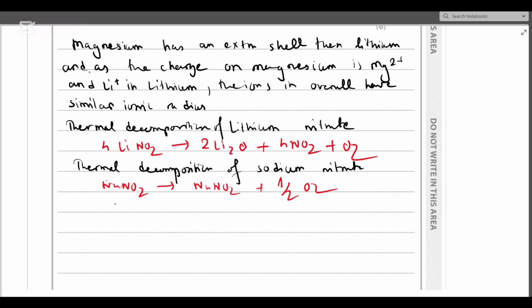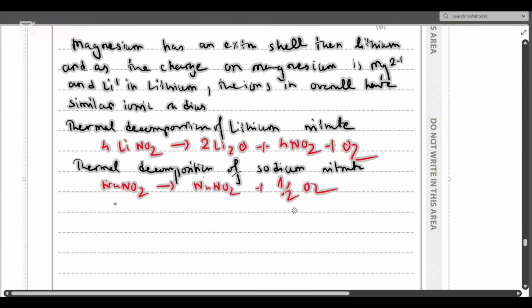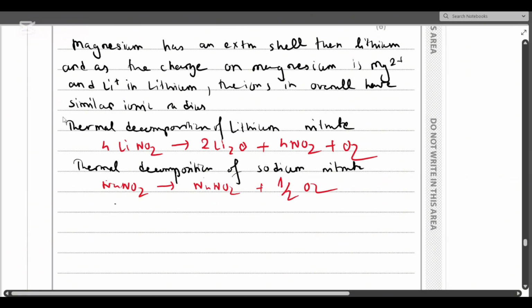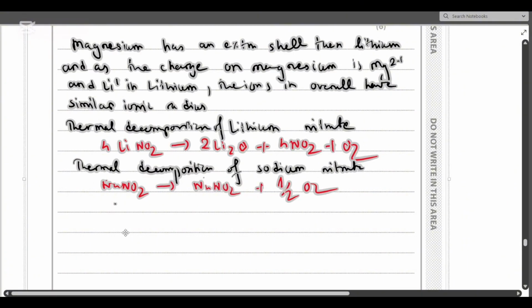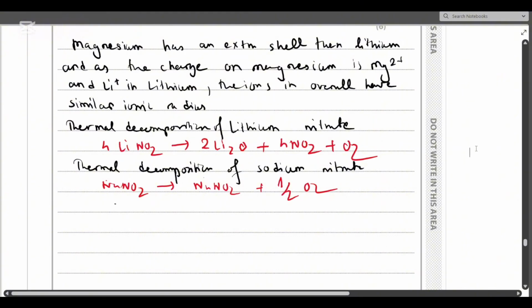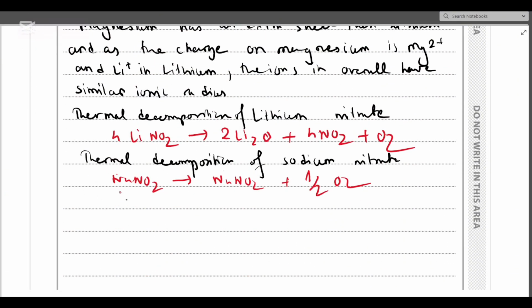If you just write the thermal decomposition of magnesium nitrate down here, we can say that the thermal decomposition is about, again, magnesium nitrate giving us MgO plus nitrogen dioxide and oxygen.